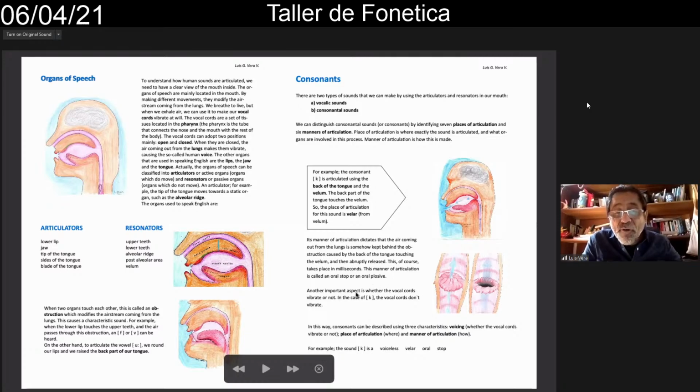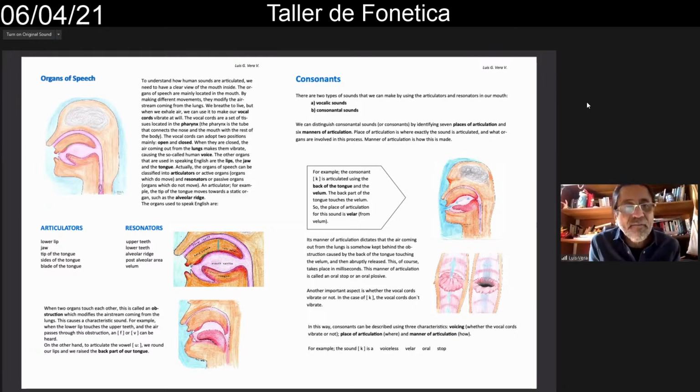And another important aspect is whether the vocal cords vibrate or not. In the case of k, the vocal cords don't vibrate. This is what happens when we make the sound k. This is the big process that happens in our mouth when we say k.